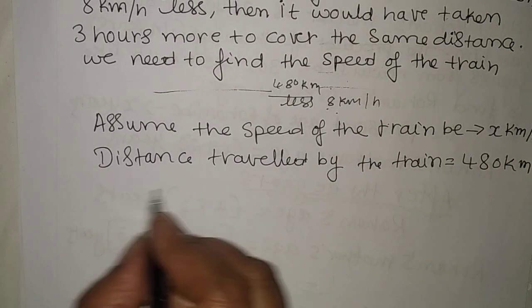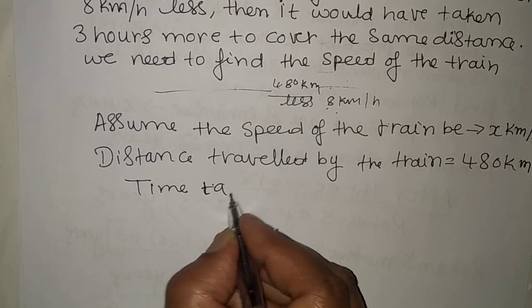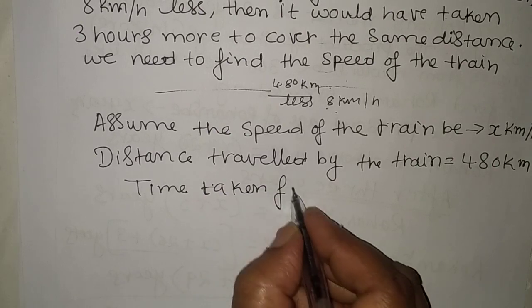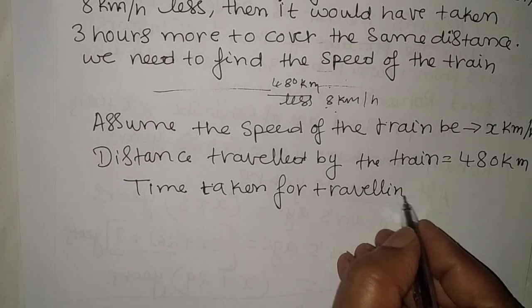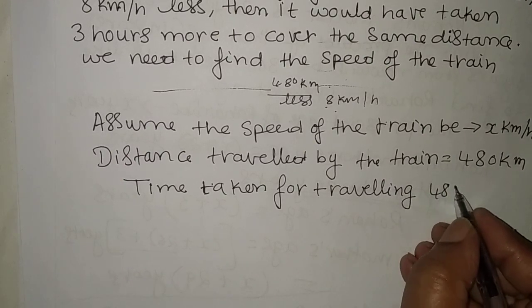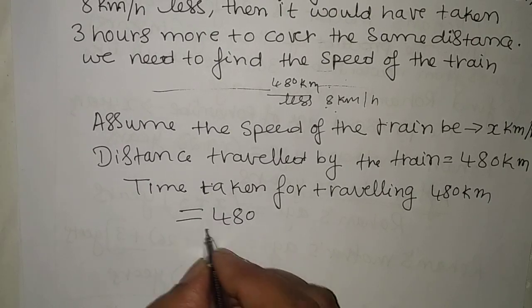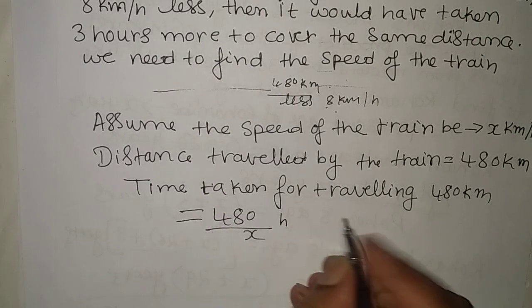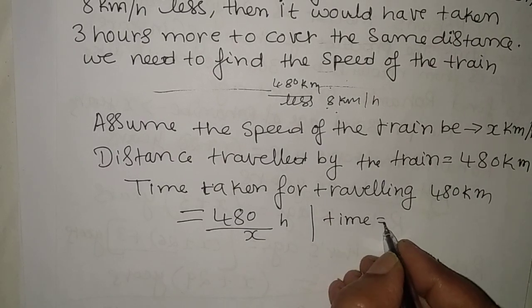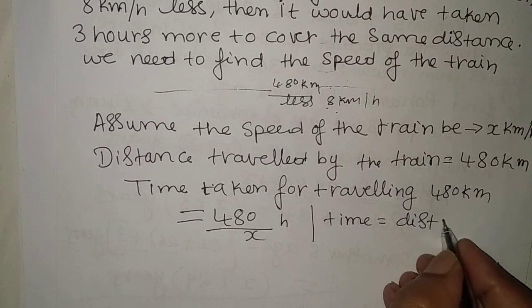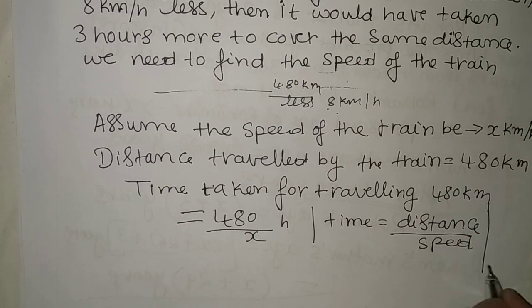Now we'll first calculate the time taken for traveling 480 kilometers. For that we take 480 by x hours. We have the formula: time is equal to distance by speed.